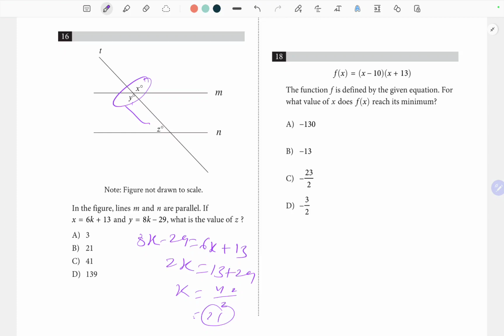We can find y: 8 times 21 minus 29 is 139. So guys, this angle is 139 and the sum of these two is 180, so I got 41. So C should be the answer.